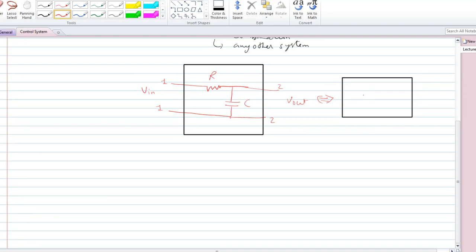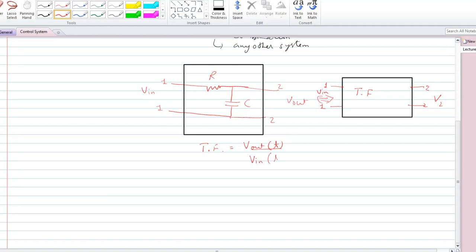Okay, where we have to show it like this. This is your port 1 V in, and this is your port 2 V out, and here we write its transfer function, and transfer function is nothing but is actually the V out divided by V in.